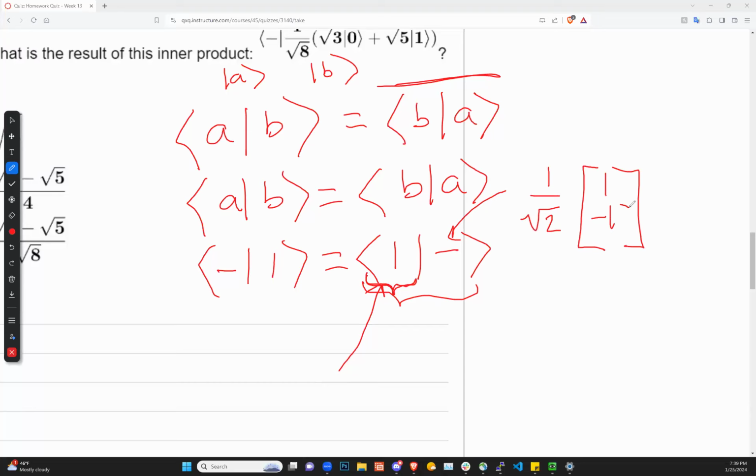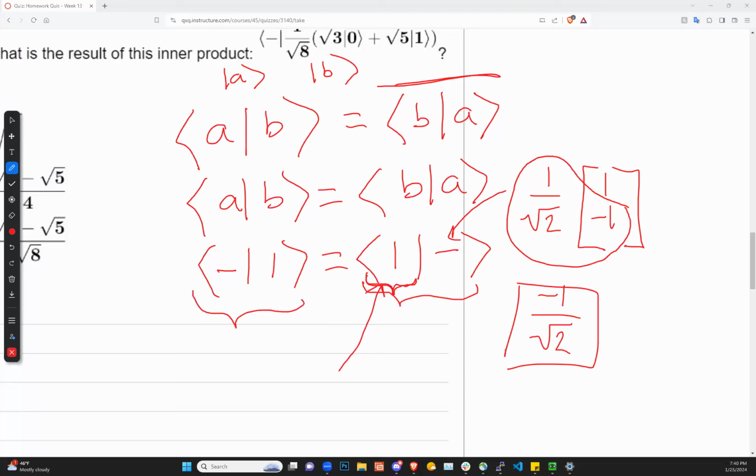And yeah, that's exactly what we get as this coefficient here. It's negative 1 over the square root of 2. That is the amplitude of the 1 state in the minus state. So this is the answer that we got before, but conceptually, it is connected. This number that we got when we did this inner product is connected to the amplitude of the 1 state in the minus state.